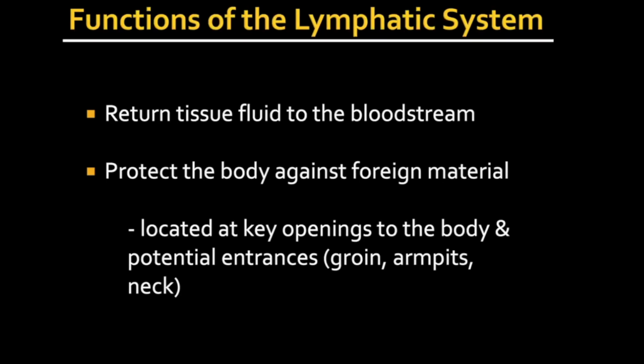So, if you get an infection in your leg, for example, or you get a laceration or whatever, by the time the blood is returning to your heart, hopefully the lymphatic system will catch some of the bacteria or so forth in the groin area before it gets up into the trunk area. So that's why you see the location of the lymph nodes and lymph nodules.